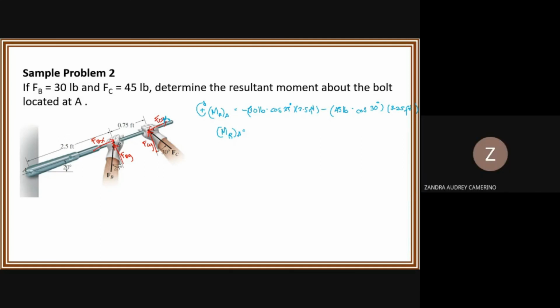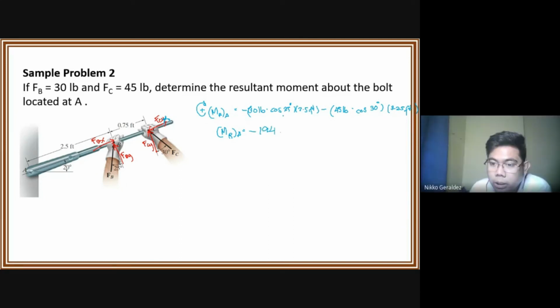Sir, negative 194.629, 3 decimals. That is negative 194.629 pound. So, ayun, very good. So, negative.